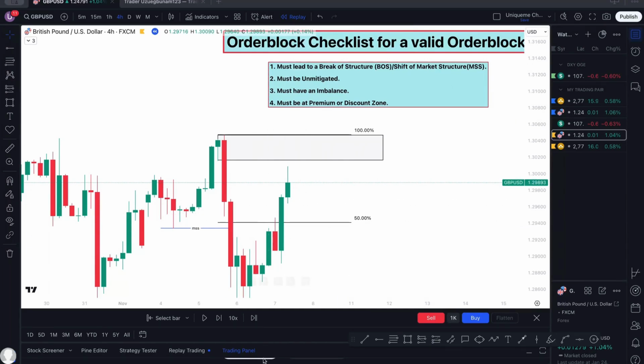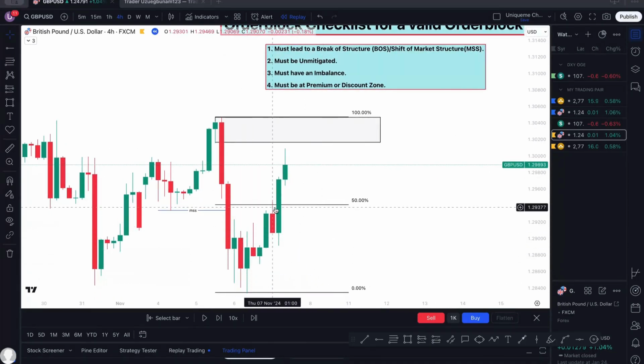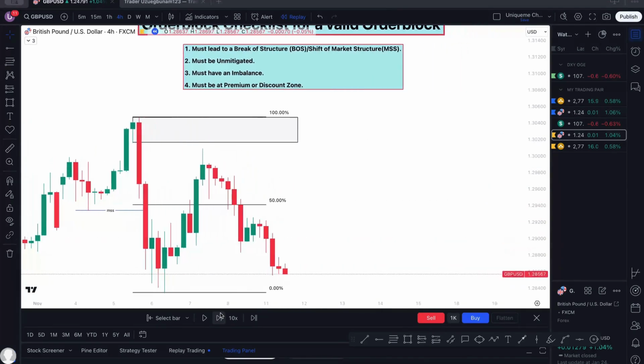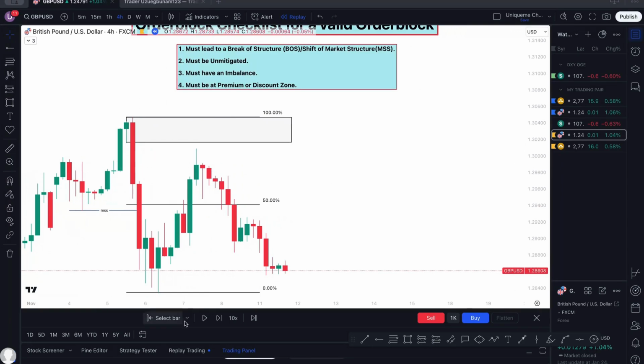Now, what do you call this middle? 50%, right? Equilibrium. And this upside is premium, this downside is discount. If I take it up, what do I see? Market getting there. Market did not get there but reacted within the fair value gap.